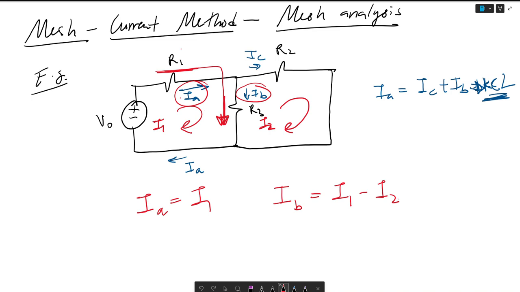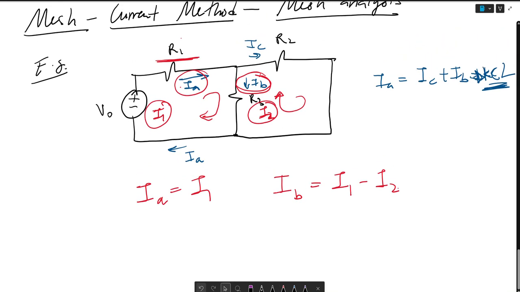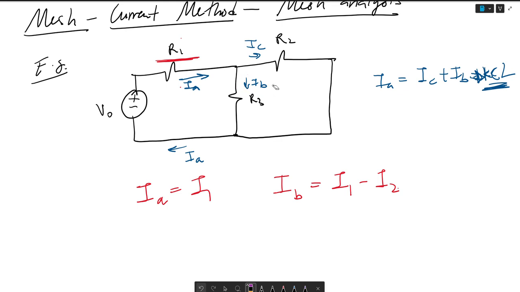And again, that's mainly because if I1 is coming into the element R3 and I2 is leaving the element, then IB is I1 minus I2. So what I'll do is write some clean equations about these meshes so it's easy to understand.